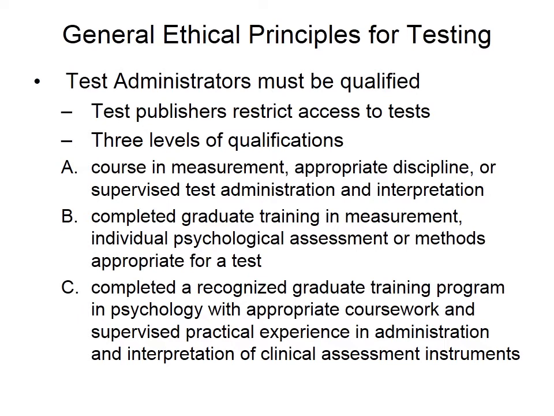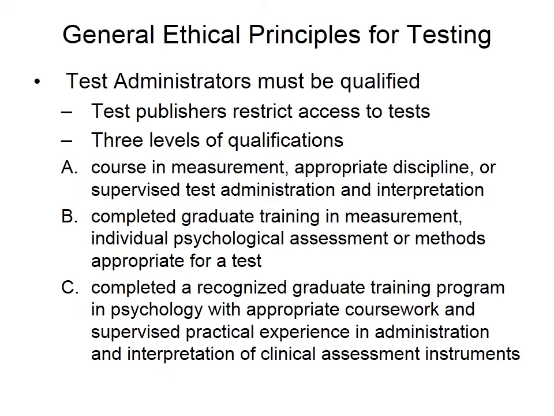Or you're being supervised in the test administration and interpretation by someone else. So I can administer a test, for instance, if I would be competent simply from taking a single course in measurement, or I'm an expert in my field, or I'm being overseen by someone that is more competent in this particular test.